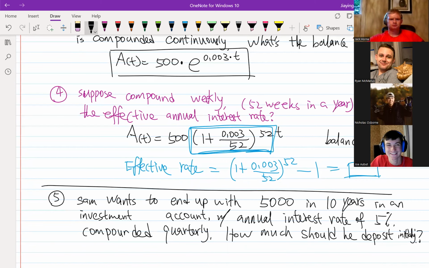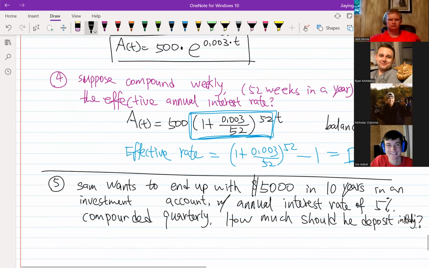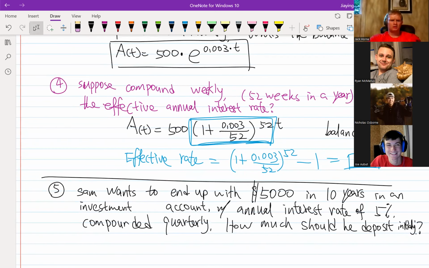Okay, so that's a question. We don't know the initial deposit, but we know that he wants to end up with $5,000 in 10 years. And we know the account has an annual interest rate of 5% compounded quarterly. Well, for a problem like this, we're going to begin by writing down whatever we know. We know it's compounded quarterly, so we're going to use the compounded interest formula.